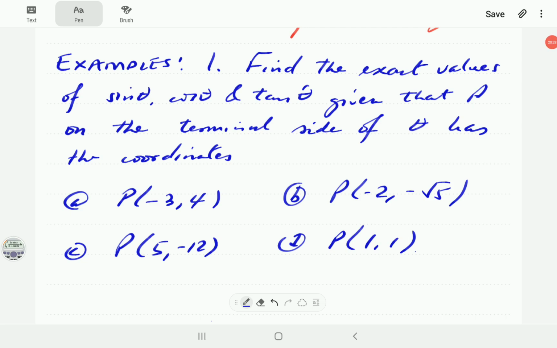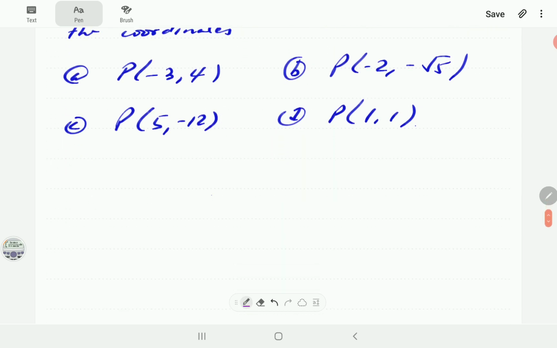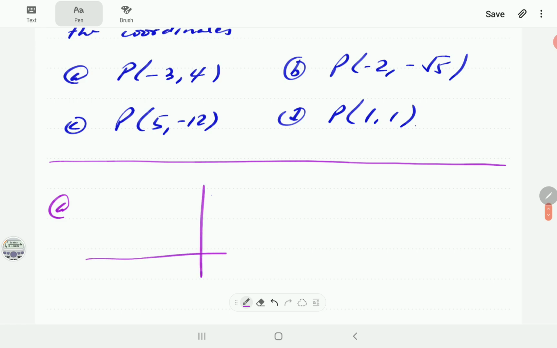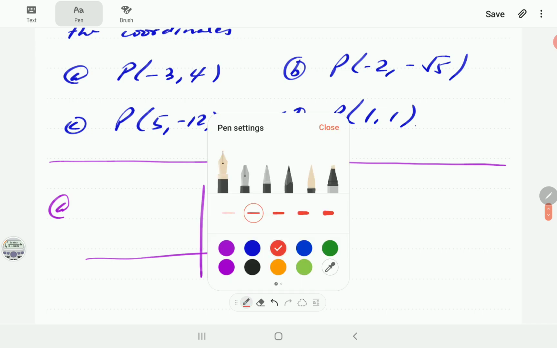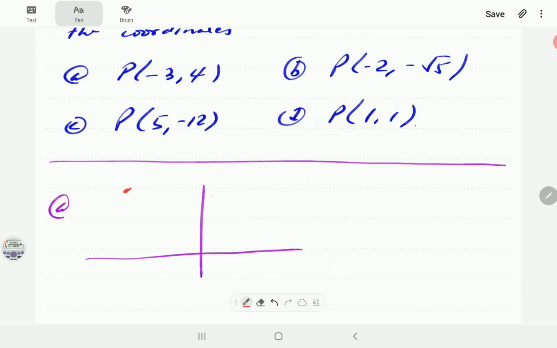All right, in this example, we want to find the exact values of sine theta, cosine theta, and tangent theta, given that P on the terminal side of theta has the coordinates minus 3, 4 in the first one. So yeah, we always need to make a sketch. So for A, minus 3, 4 is in the second quadrant, so our sketch is going to look something like this.